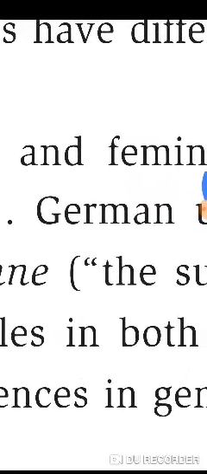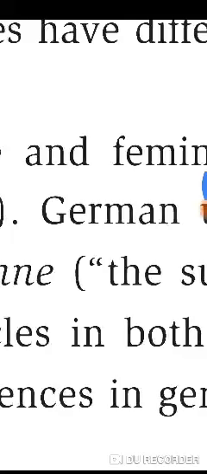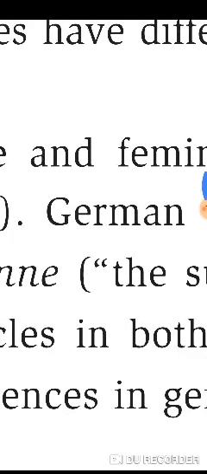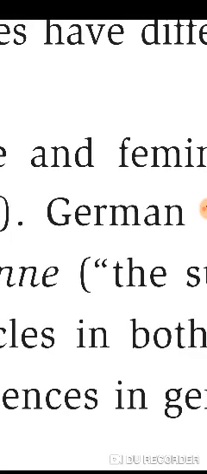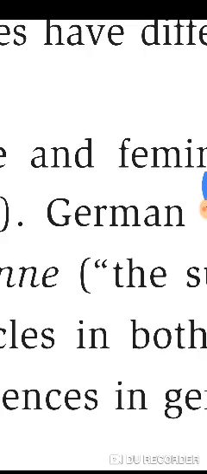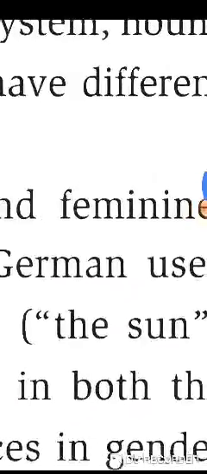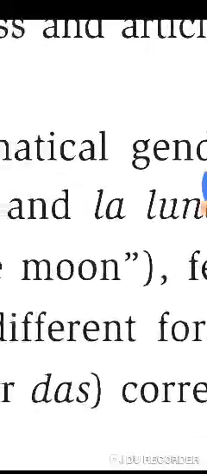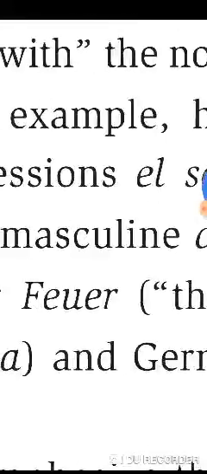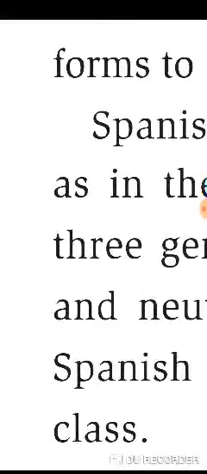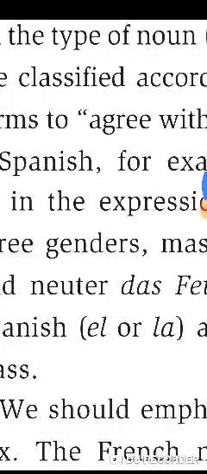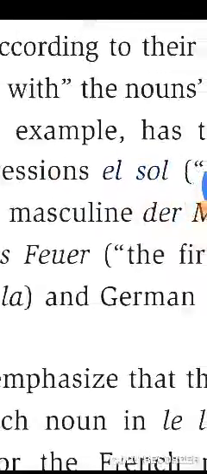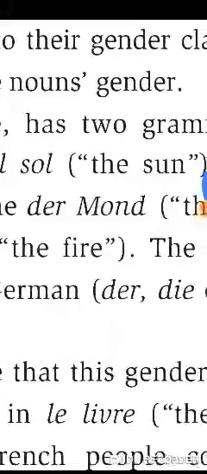This is German. What does German do? In German, we have three different kinds of grammatical gender. German uses line 3. Three genders. Masculine, like der Mond.